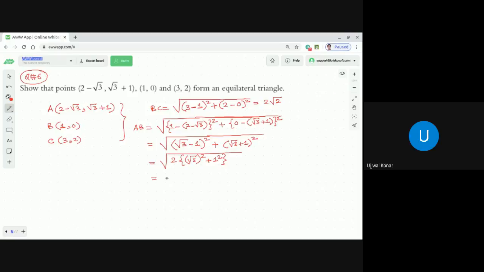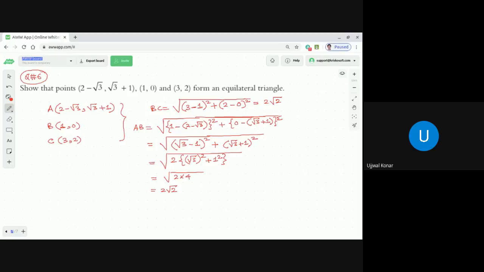So that is equal to square root of 2 into root 3 whole square, which is 3, and 1 whole square is 1. So 2 into 4. So that is also 2 root 2. So as we get BC equal to AB, it gives us confidence. Yeah, we are on the right track.